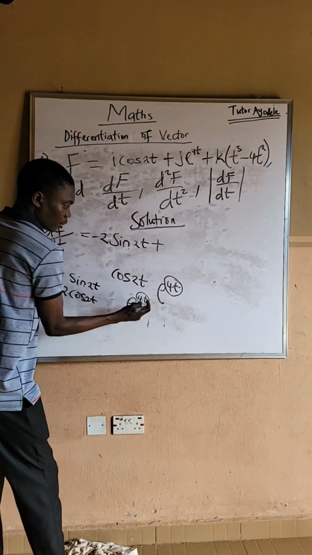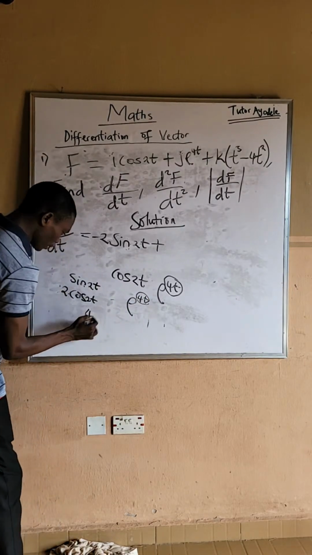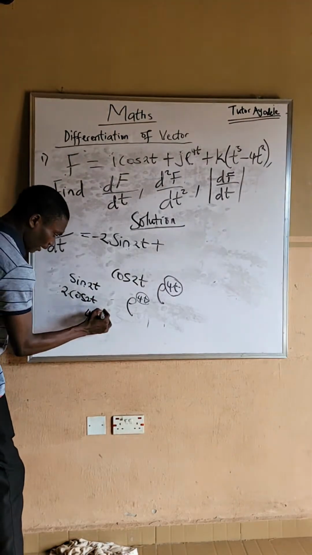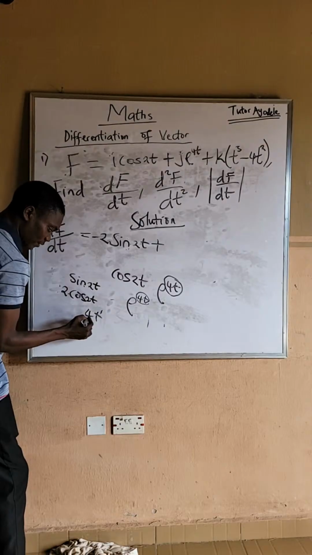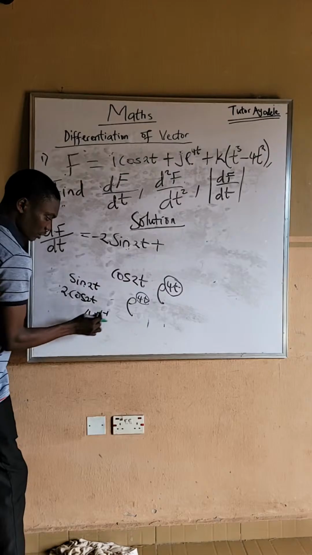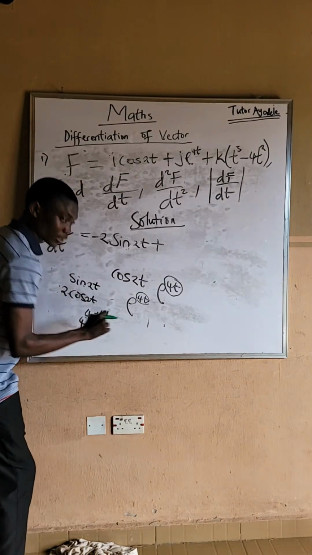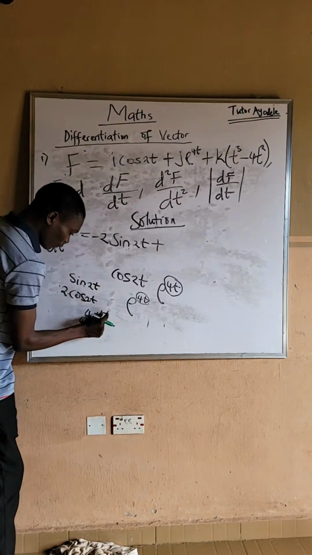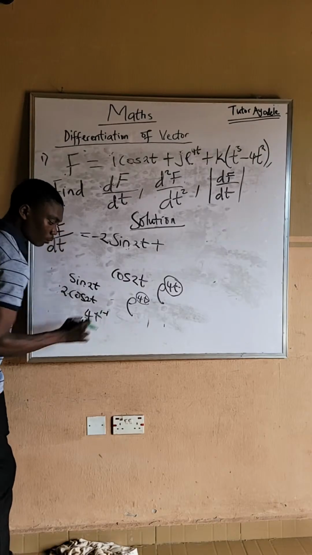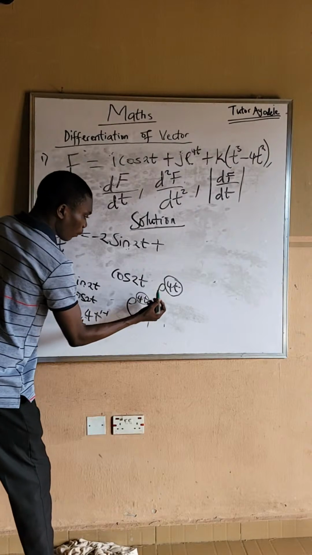If I differentiate 4t, it will give me 4, because the power here is 1. 1 times 4 will give me 4. Whenever you differentiate, you use the power to multiply it and then subtract 1 from the power. If I subtract 1 here, it will be 0, and t raised to the power of 0 will be 1. 1 times 4 will still give me 4. So I will just use the power.